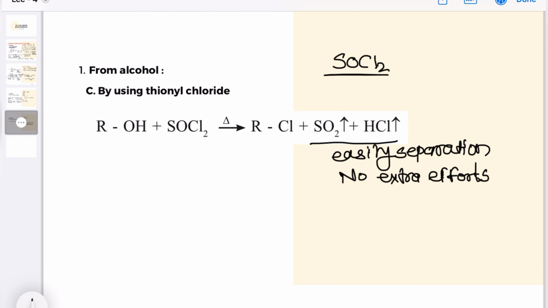for its separation. Okay, when alcohol is treated with thionyl chloride in presence of heat, the delta is the symbol for heat, then it gives rise to alkyl chloride, SO2. The upward arrow here shows this is sulfur dioxide gas. Gases are always shown by this upward arrow, and HCl is also evolved as a gas.